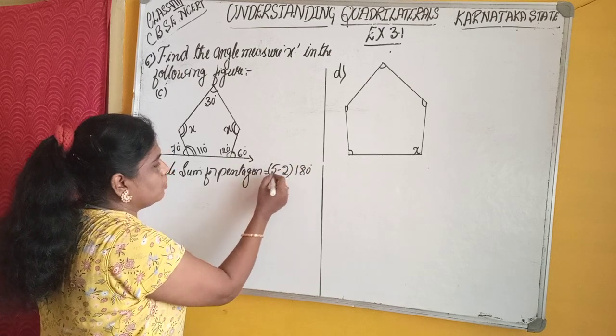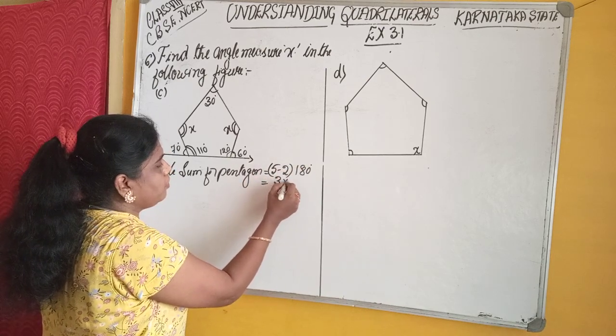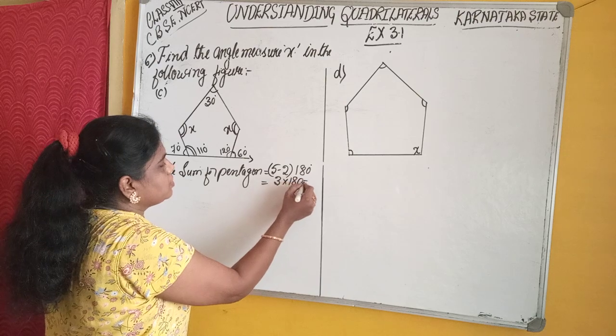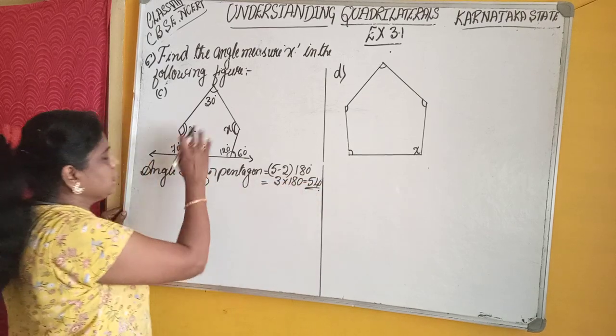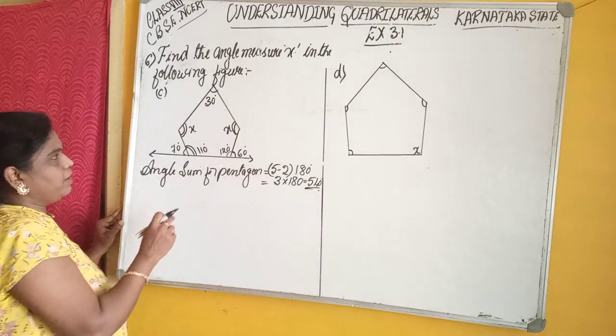It's a rule. 5 minus 2 is 3, into 180, that is equal to 540 degrees. The angle sum for this is 540 degrees.